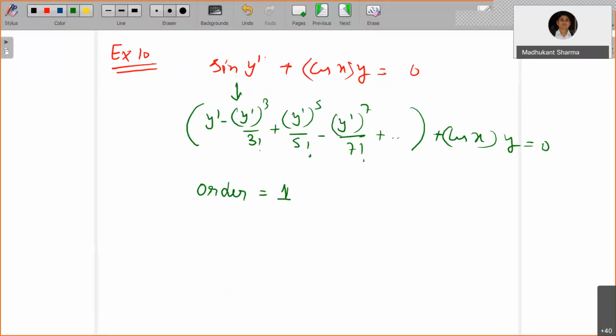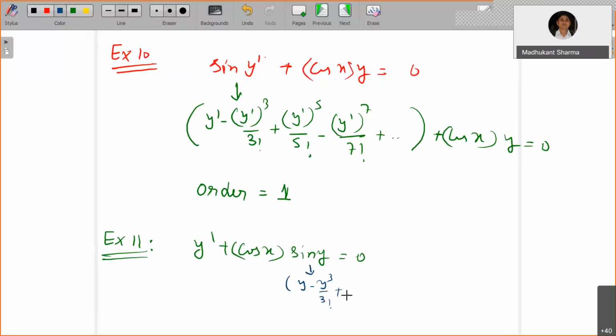Now let me consider example number 11. Instead of this, let's say y dash plus, let's say, cos x times sin y. Suppose this is there. You can certainly write it as y minus y cube by 3 factorial plus and so on. But it does not matter because the highest order derivative present here is 1 only, so still the order is 1 here.